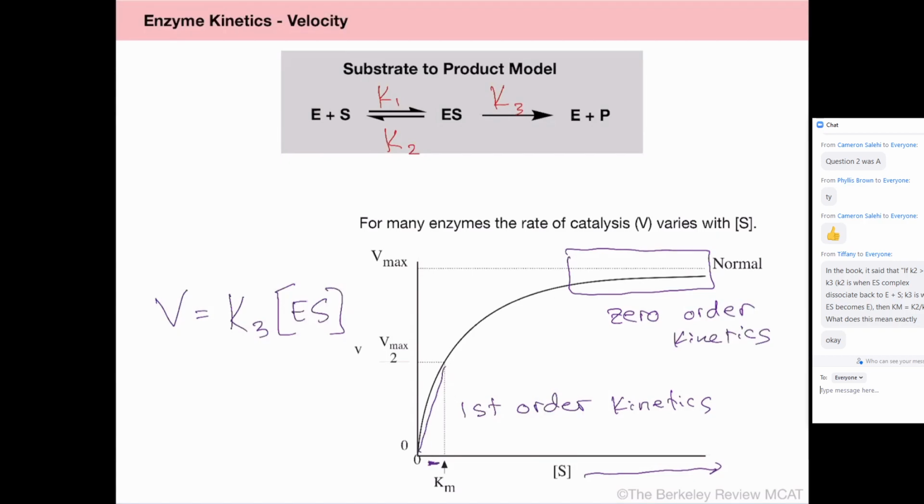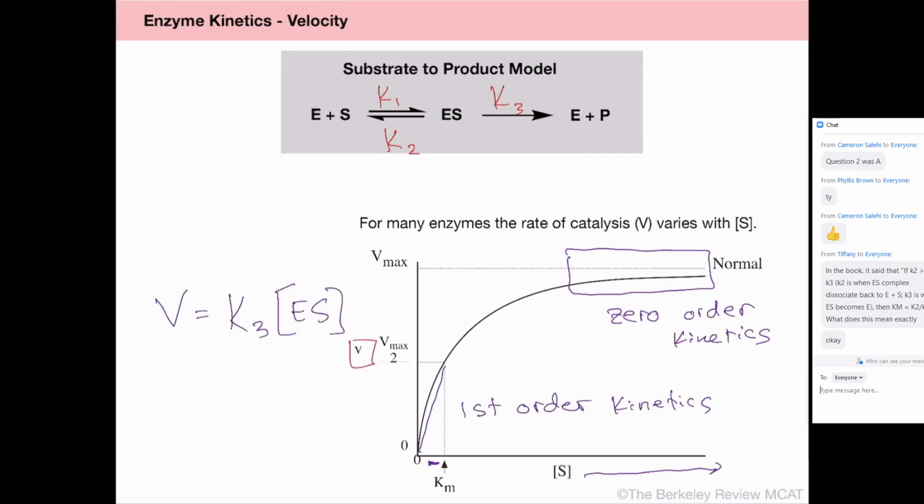Okay. And so we can visualize V graphically, and we're going to be revisiting this graph in just a second. But we want to look at what all of these parameters mean.